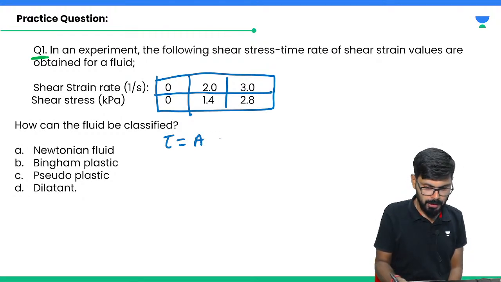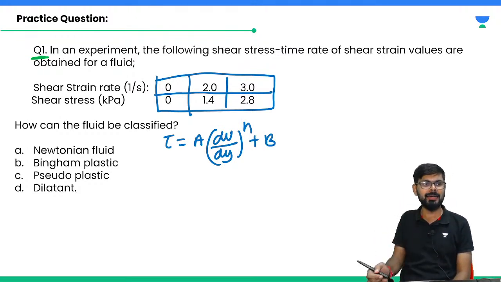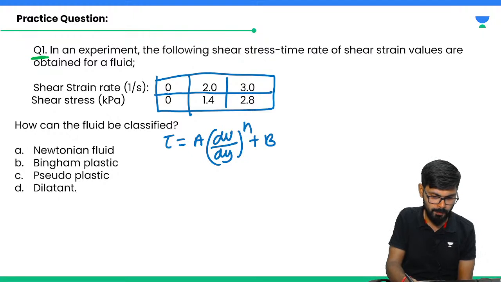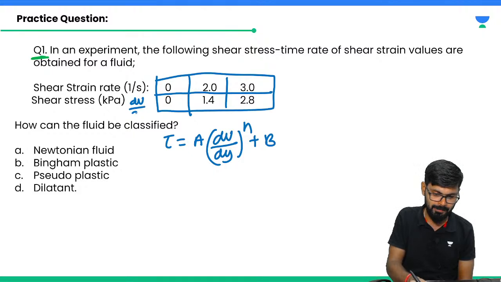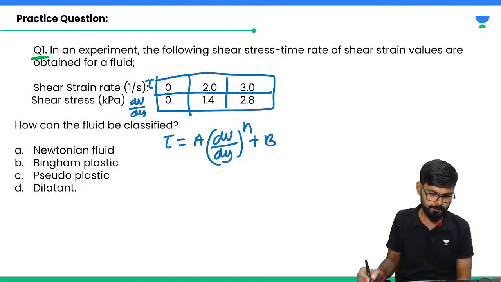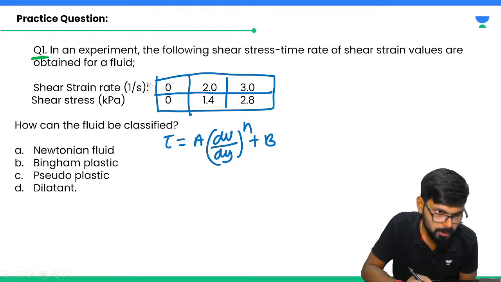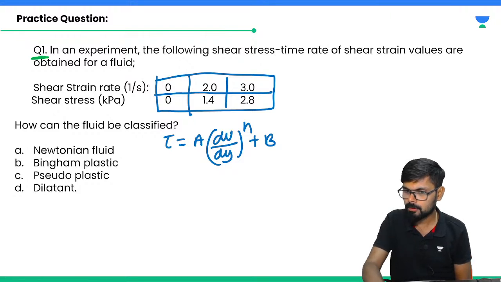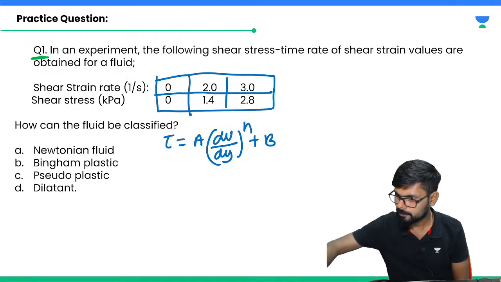Tau equals a du by dy to the power n plus b. Now, at the first value you can see that when tau, the shear stress, is 0, then du by dy is also 0. This is du by dy, this is tau. No, sorry, did I say it backwards? This is tau basically. I will have to check whether it's a correct question or wrong. Let me check. Wait.